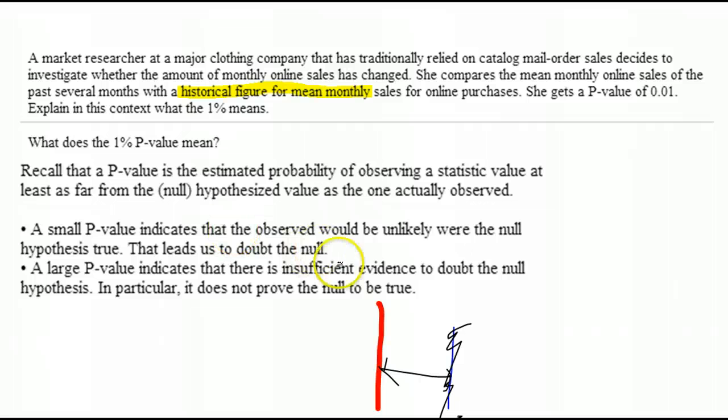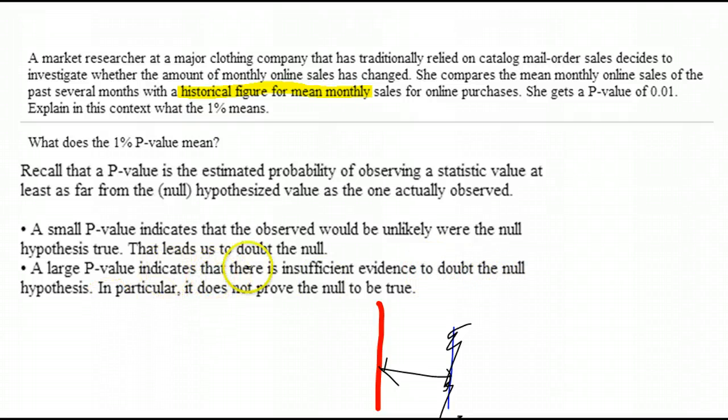So the probability of getting this value is 1%. So what it means therefore is that a small p-value indicates that the observed value would be unlikely were the null hypothesis true. This leads us to doubt the null hypothesis. And a large p-value indicates that there is insufficient evidence to doubt the null hypothesis.